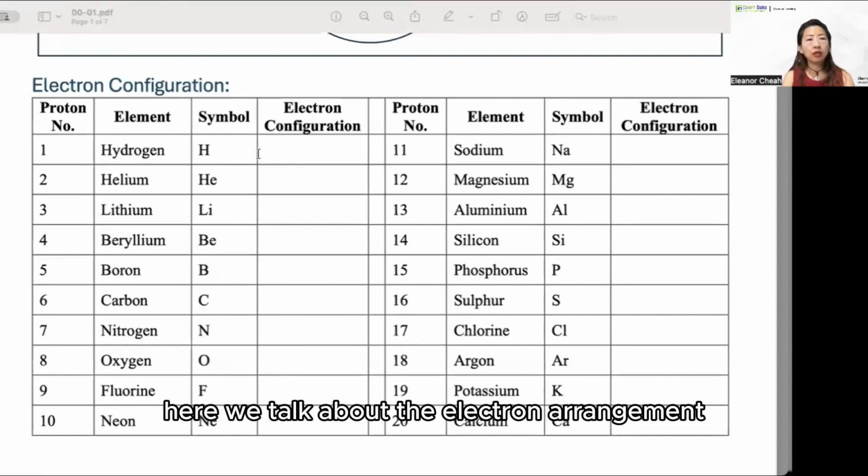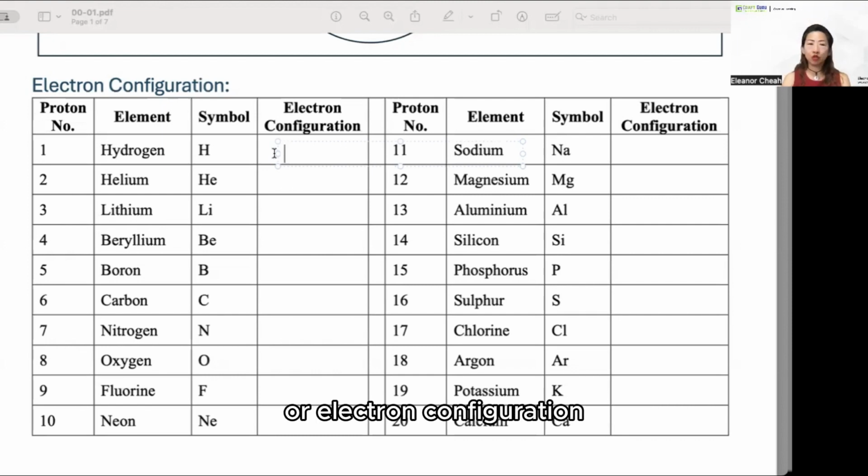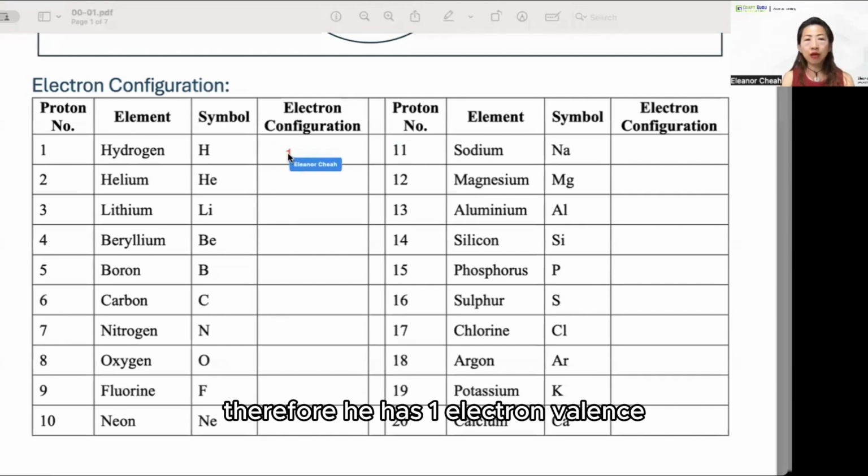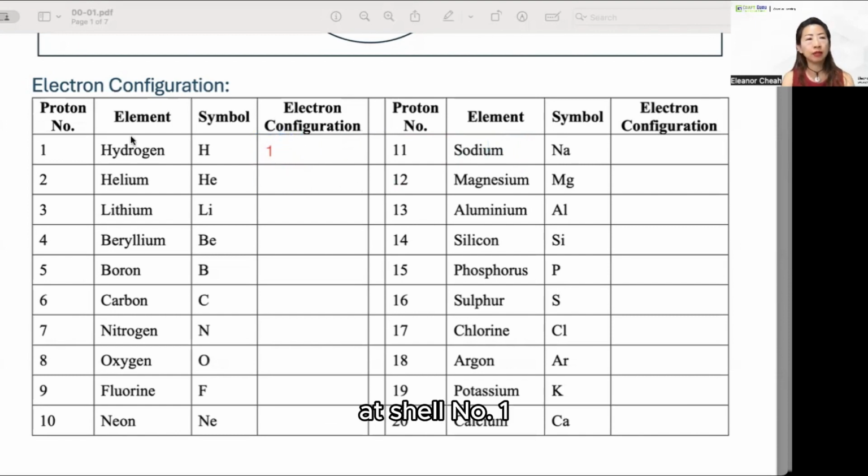Here we talk about the electron arrangement or electron configuration for hydrogen. It has 1 electron, therefore it has 1 valence electron at shell number 1.